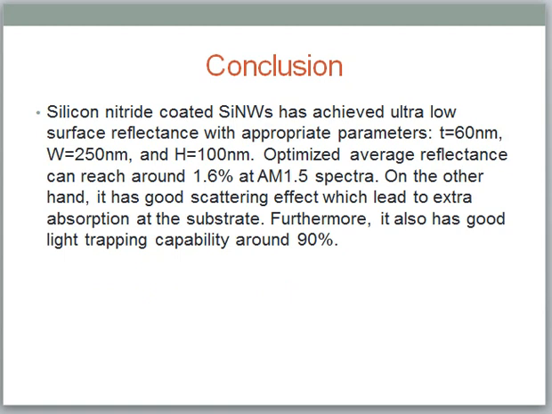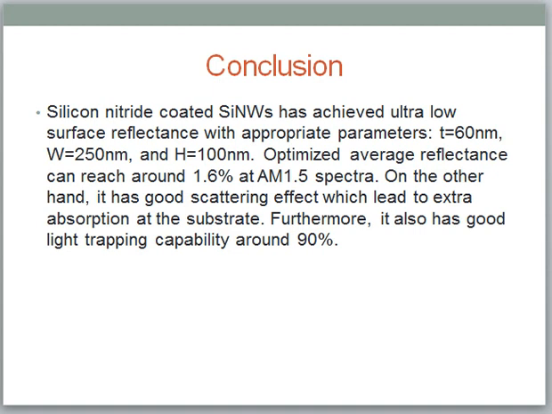So in conclusion, silicon nitride coated silicon nanowire array has achieved ultra-low surface reflectance with appropriate parameters: T equal to 60 nanometers, W equal to 250 nanometers, and H equal to 100 nanometers. And optimized average reflectance can reach around 1.6% at air mass 1.5 spectra.